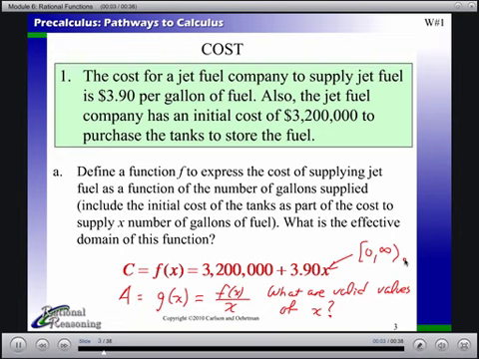So we can have 0 gallons, and if we pay our startup, we pay 3.2 million. But for the average, for the G function, we have to be strictly greater than 0. Although 0 gallons makes sense, it's not permitted in our average cost function.